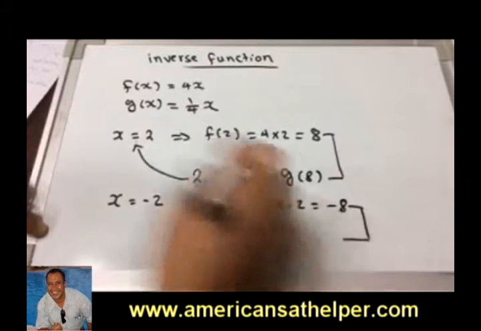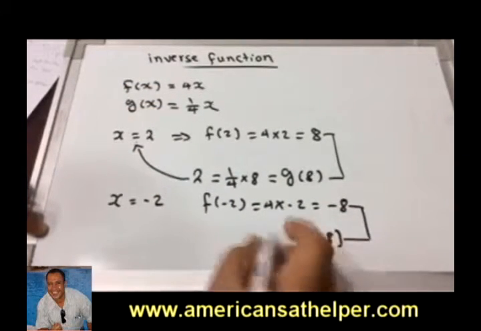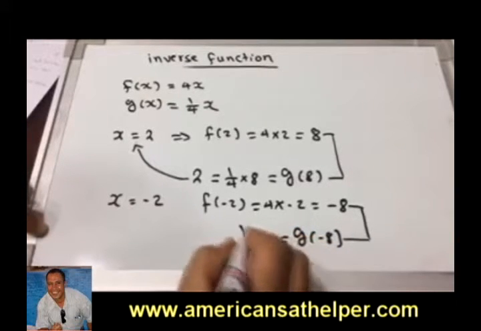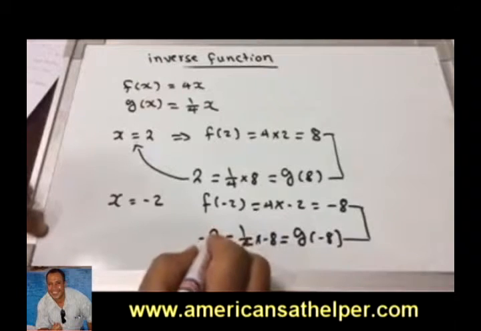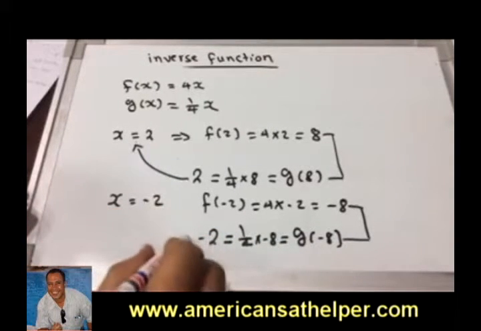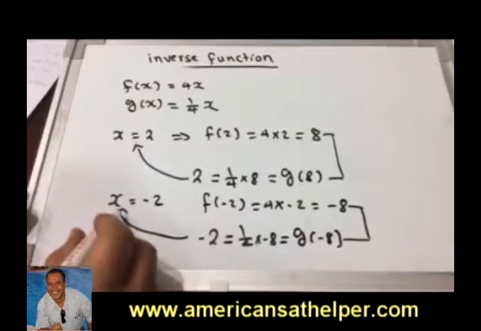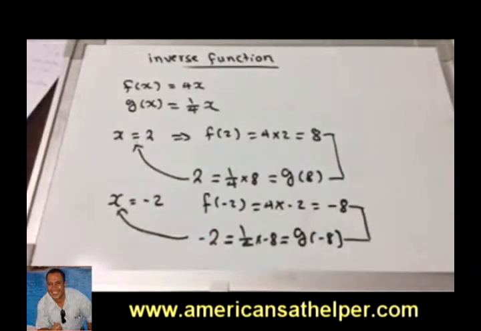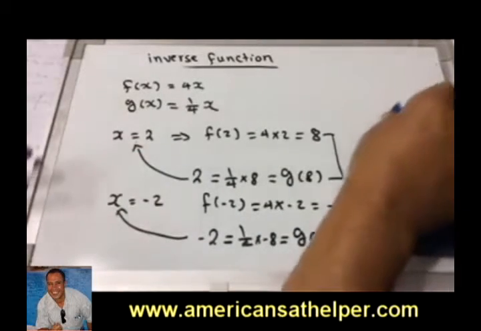Take this new number and plug it in the other function, g of -8 equals 1/4 multiplied by -8, you will get -2. We are back where we started. You get back the original starting value of x. This is the big idea of the inverse function.